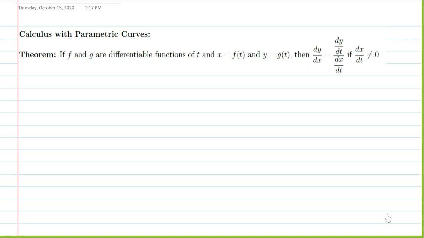Well, let's see why that's the case. If we start by using the chain rule on y equals g of t, we want to find dy/dx.